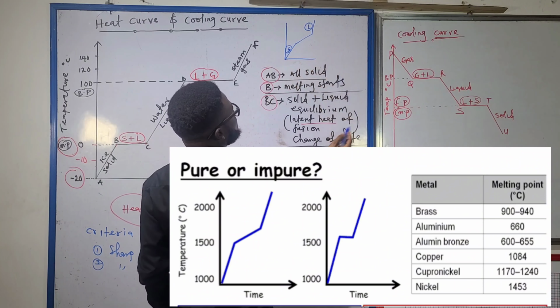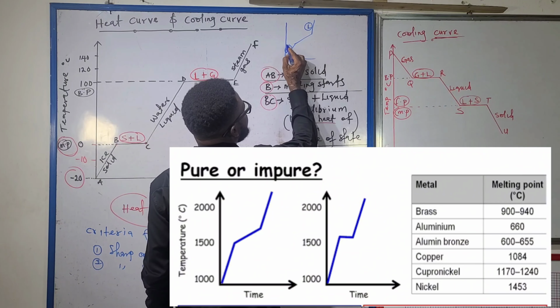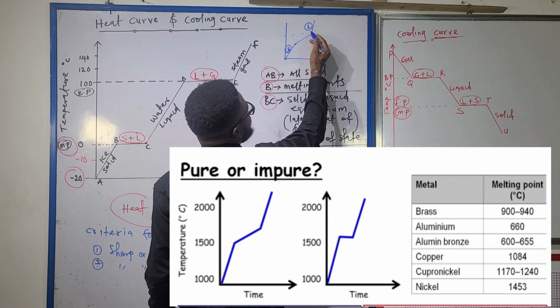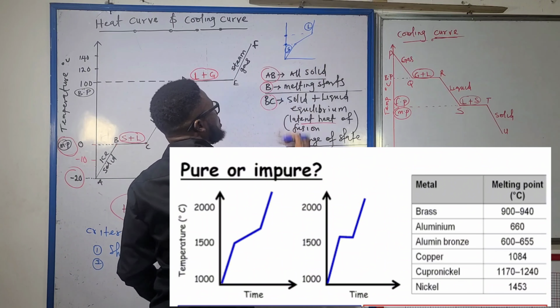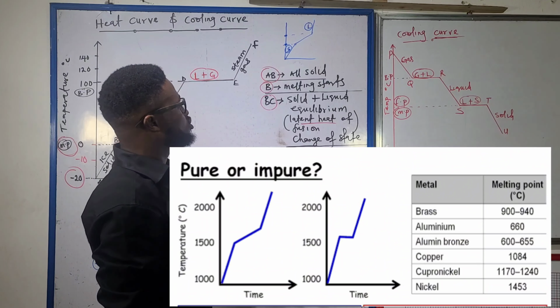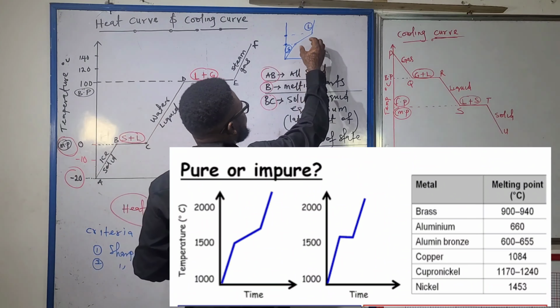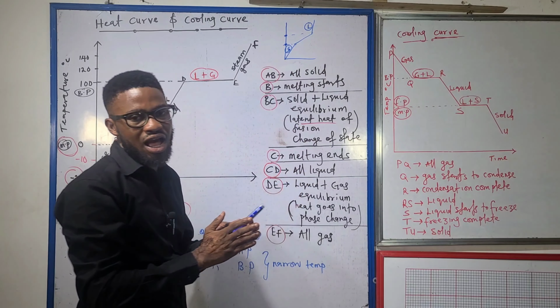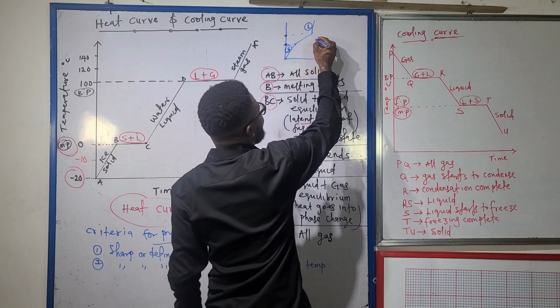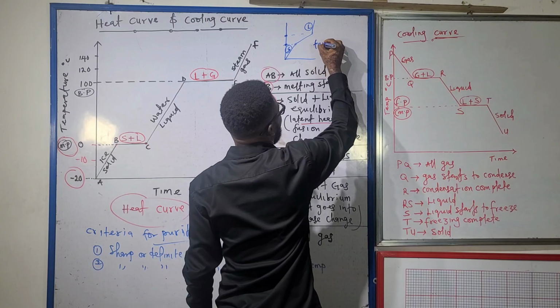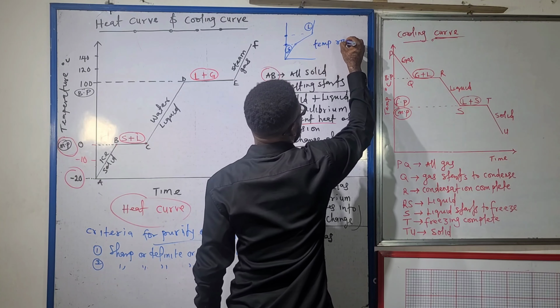So I can't pinpoint in between this solid, and I can't pinpoint which of these temperatures is going to be my melting point. I cannot. So that tells me this must be a mixture and not a pure substance. That is why it is melting over a temperature range.